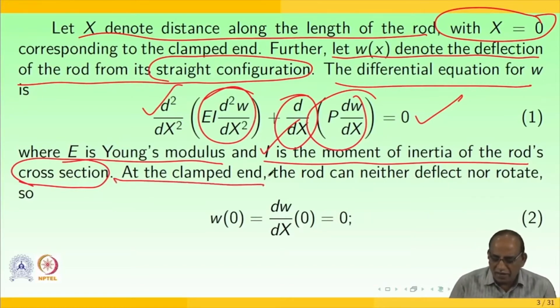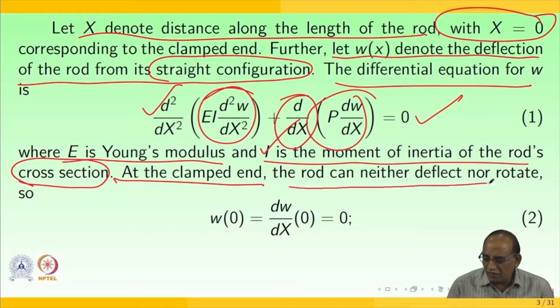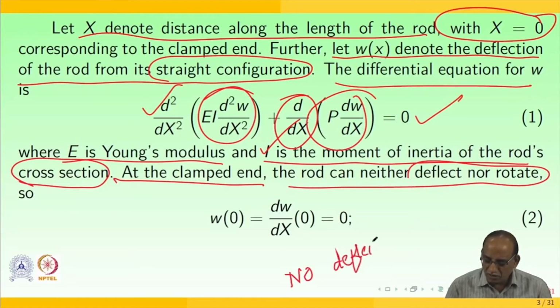At the clamped end, the rod can neither deflect nor rotate. So that is no deflection or no rotation.